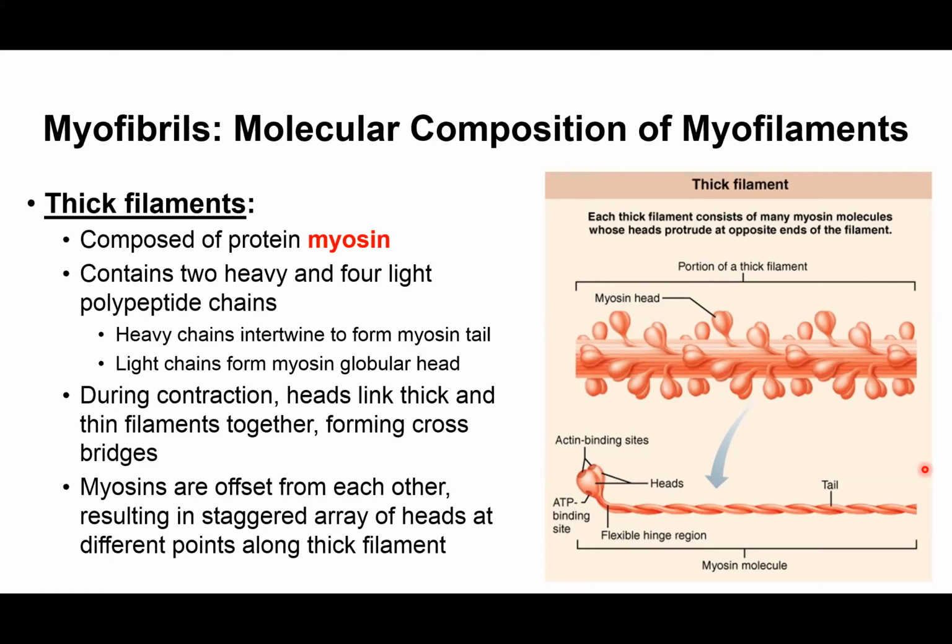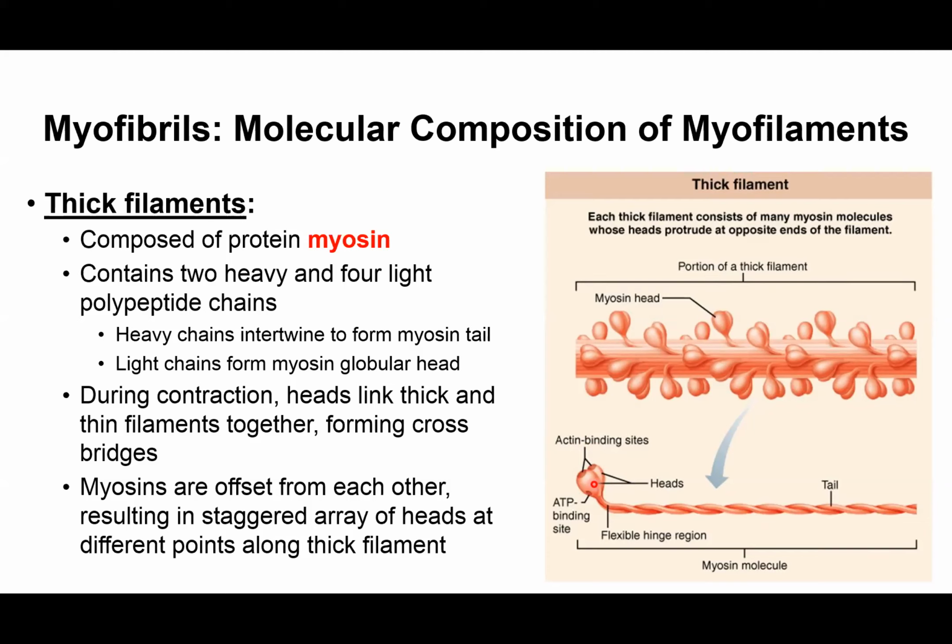The heavy chains are going to twist up and form this myosin tail, and the light chains are going to form the heads. Whenever muscle contracts, the heads are actually the portion that link the thick and the thin filaments together and therefore form cross bridges.